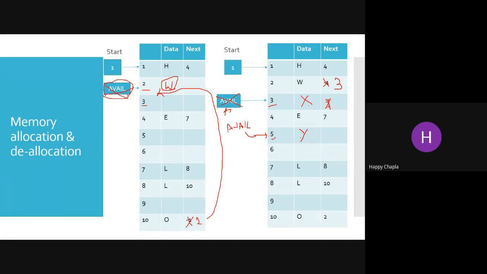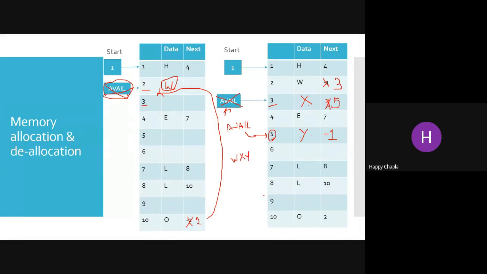What is the address of y? Refer to address number 5. So the next node is available over here, -1. Okay, so now I have W, X, and Y with me.